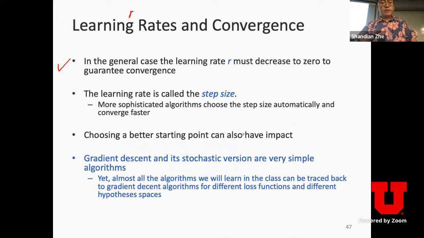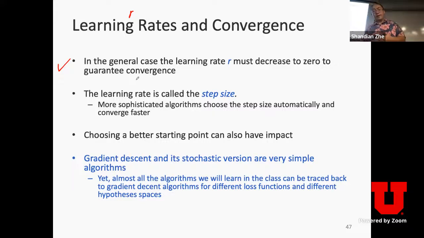In the general case, if you want to show convergence, you must make sure your learning rate R decreases to 0, right? And if you get a chance to look at the proof, they use a decaying sequence of R to construct some sequence to guarantee the convergence.